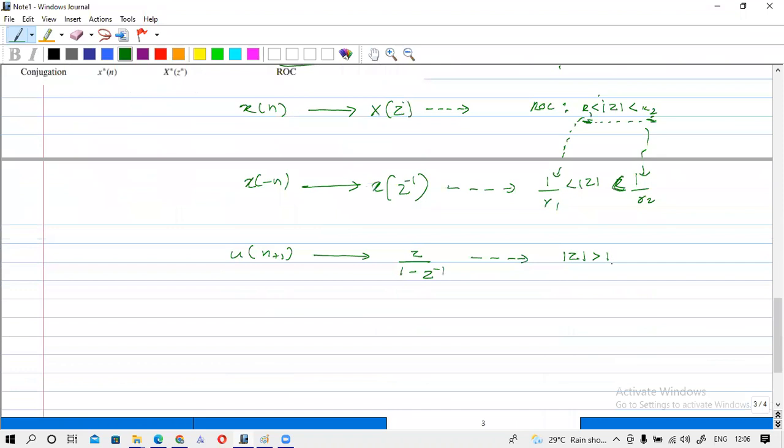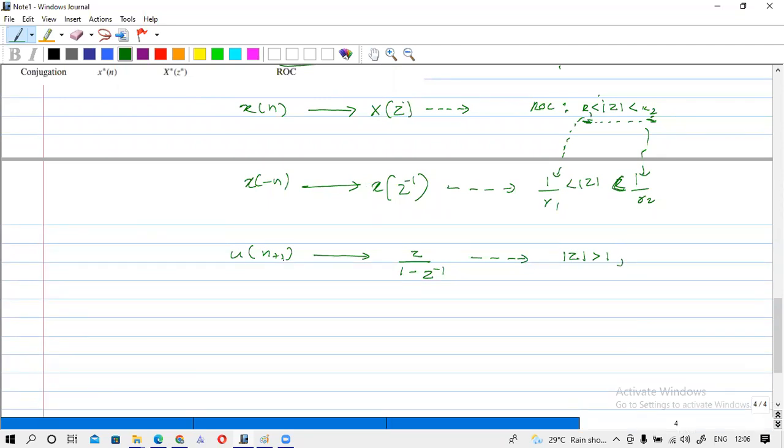In our original ROC, we have z equal to infinity. But here k is equal to minus 1, that means less than 0. So z equal to infinity will not be there.